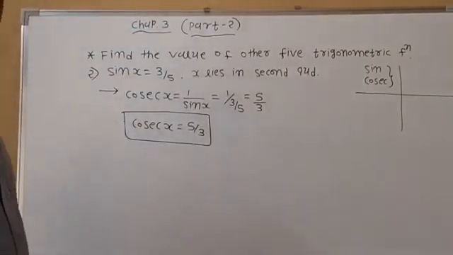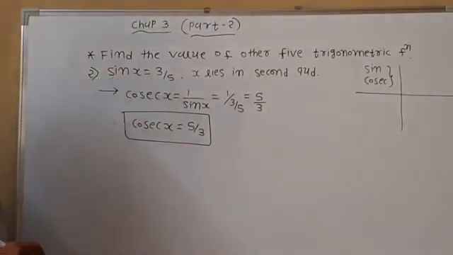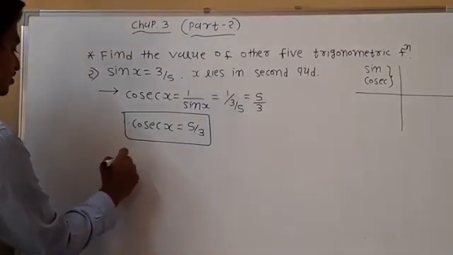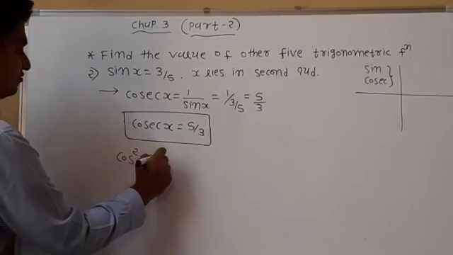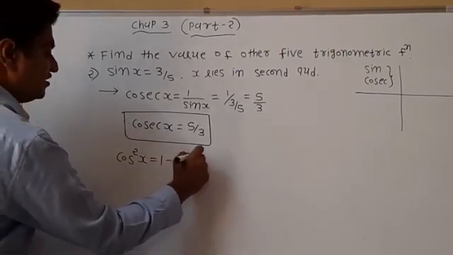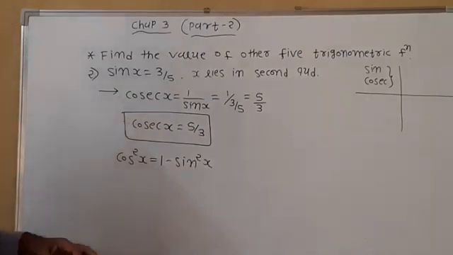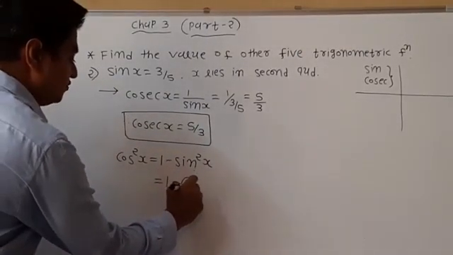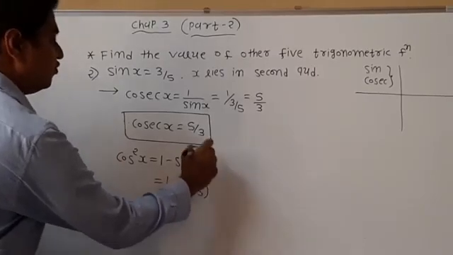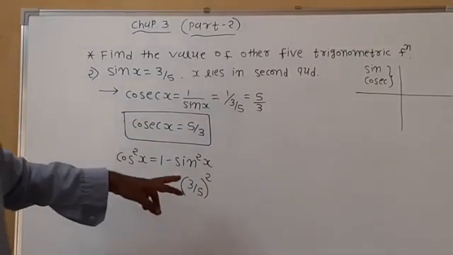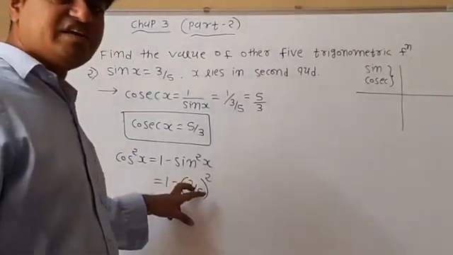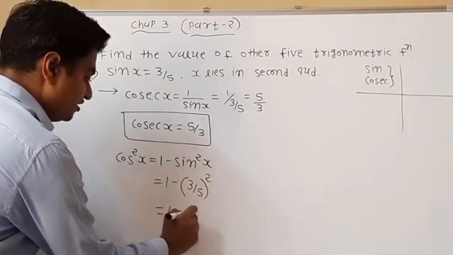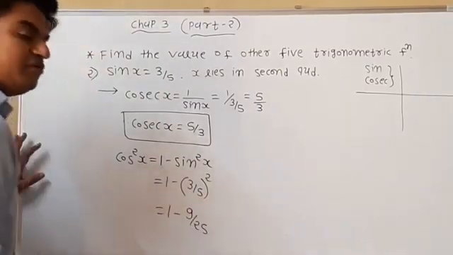Now for the second value, sin x is equal to 3 by 5 is given. So we know that cos square x is equal to 1 minus sin square x. Now substitute the value of sin. So the value of sin is 3 by 5 whole squared. Now simplify this term and take LCM. So it is equal to 1 minus 9 upon 25.